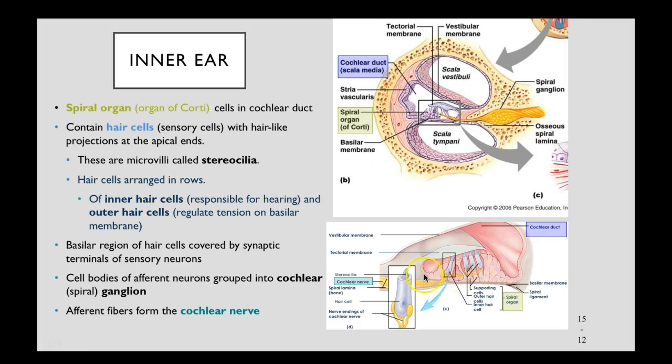As that sensory information is being transmitted to our cochlear nerve, it is going to have its cell bodies within this cochlear or spiral ganglion and then continue on its merry way to form the cochlear nerve.